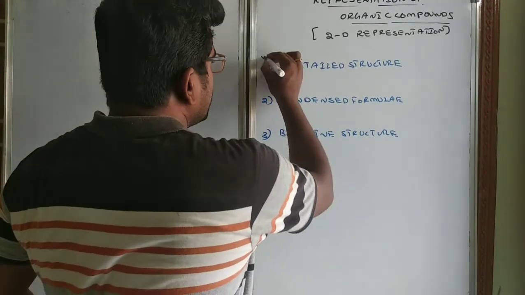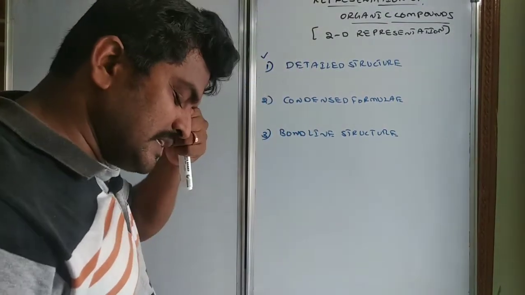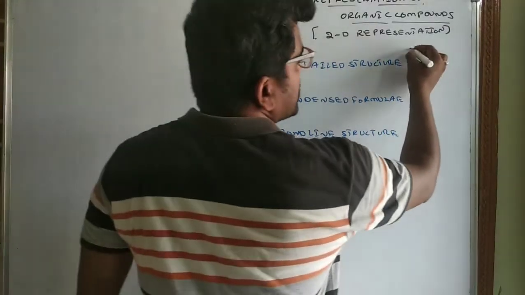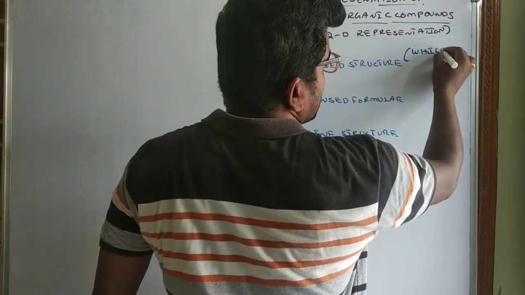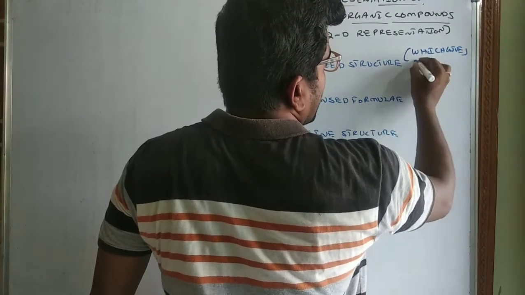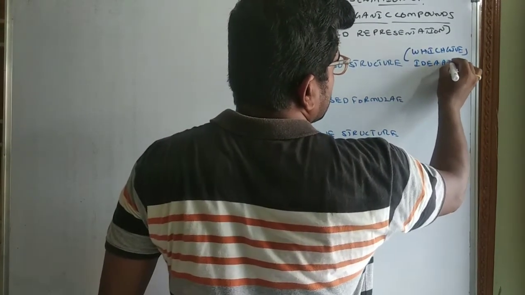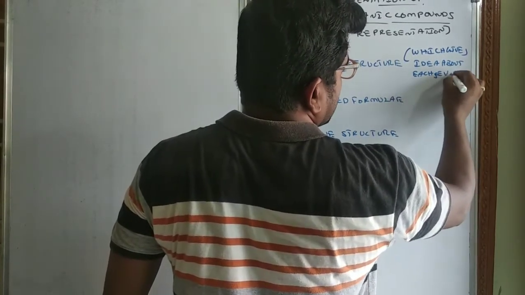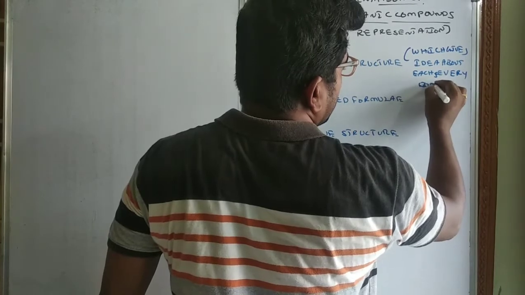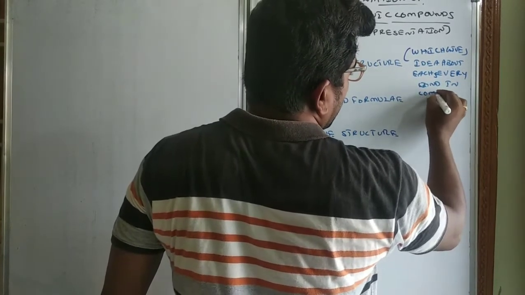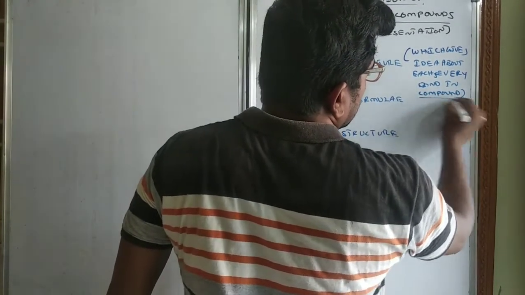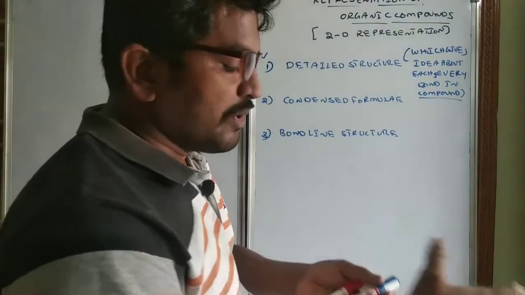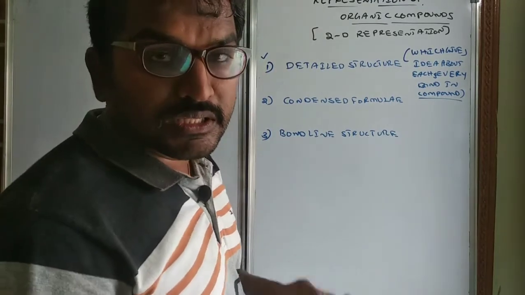Let us take the detailed structure. What is this detailed structure? Detailed structure means a representation which gives an idea about each and every bond in the compound.